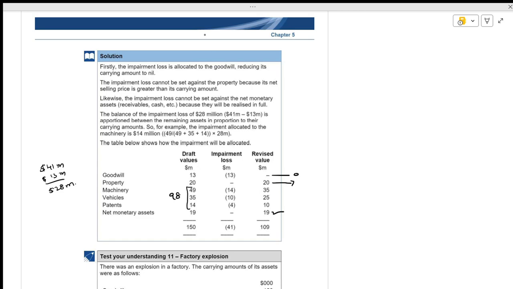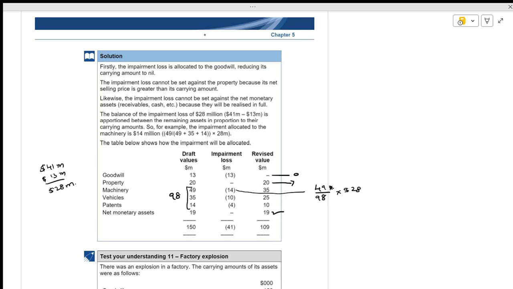I will write this here: 49 divided by 98 times 28. It comes to 14.